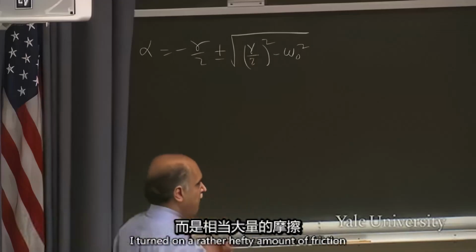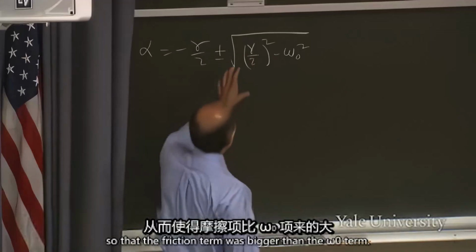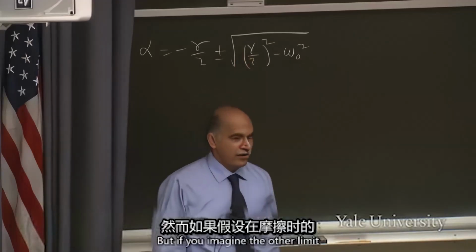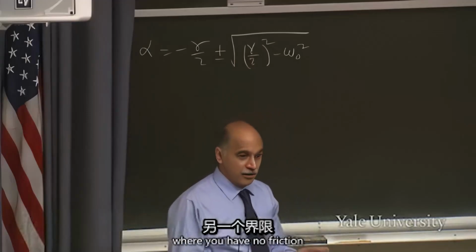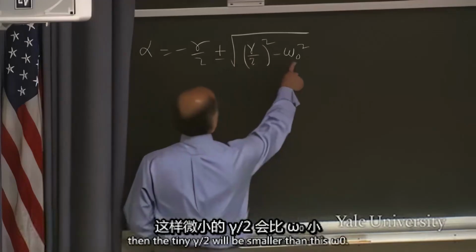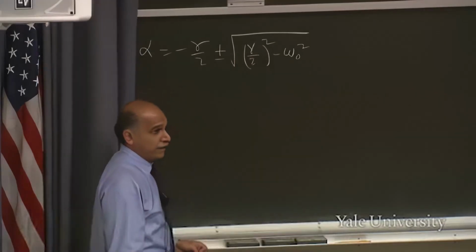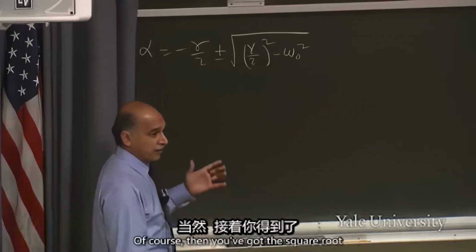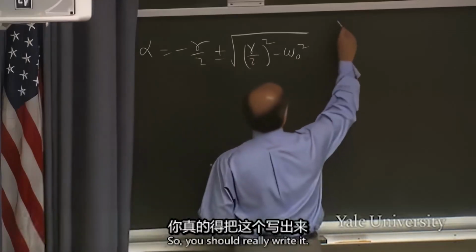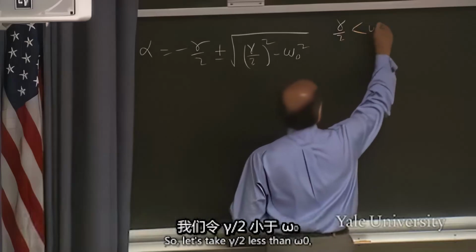I turned on a rather hefty amount of friction so that the friction term was bigger than the omega naught term. But if you imagine the other limit where you had no friction and you turn on a tiny amount of friction, then the tiny gamma over 2 will be smaller than this omega naught. Of course, then you got the square root of a negative number, right? So let's take gamma over 2 less than omega naught.